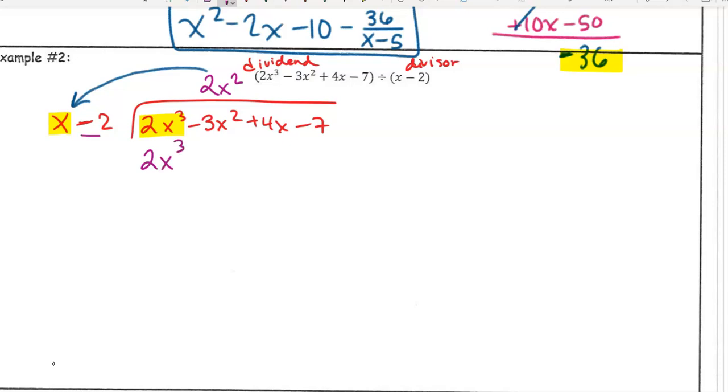Then we multiply it by the negative 2, which is going to give us negative 4x squared. And we go right into subtracting. Now remember, when we subtract, we need to change the sign. So this 2x cubed is now negative, and the 4 is now positive. Now we subtract. 2x cubed minus 2x cubed is 0, and negative 3x squared plus 4x squared is just 1x squared.